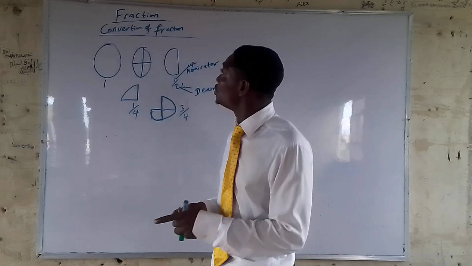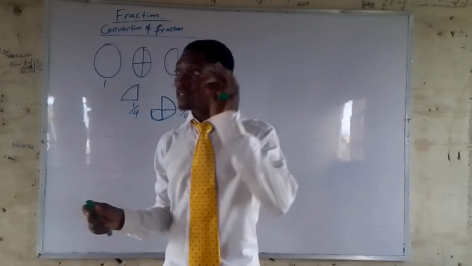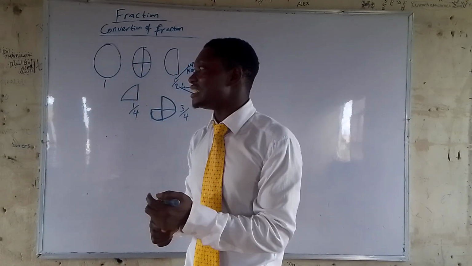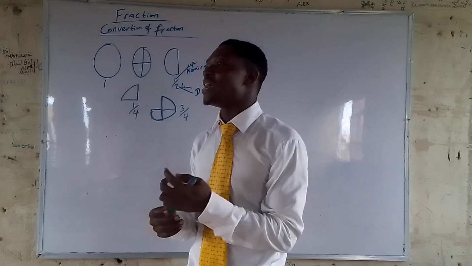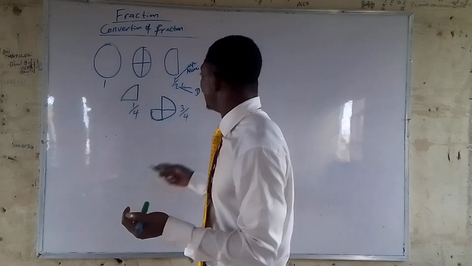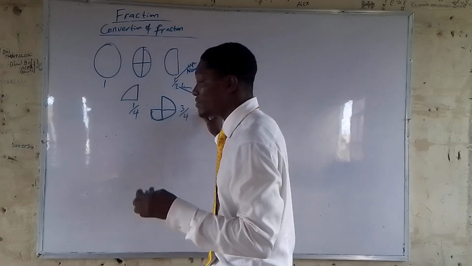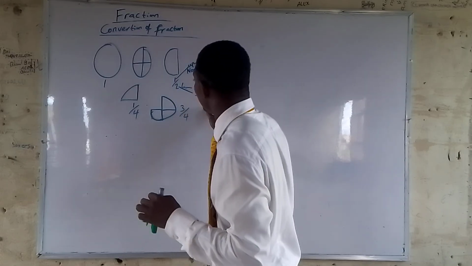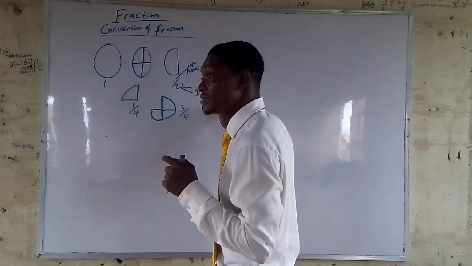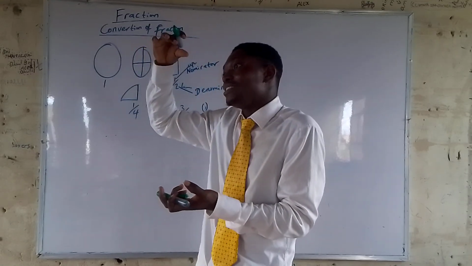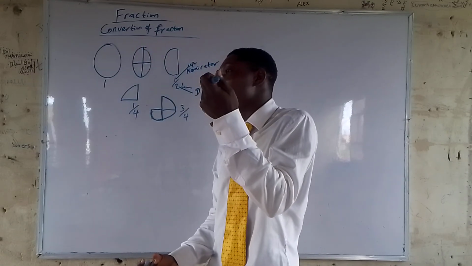And I told you, fraction can be converted from one to another. I gave you almost 4 types of fraction. What are the 4 I gave you? The first one: when the one at the top is bigger than the one down, what do you call it?